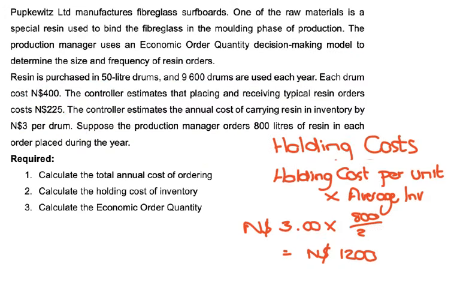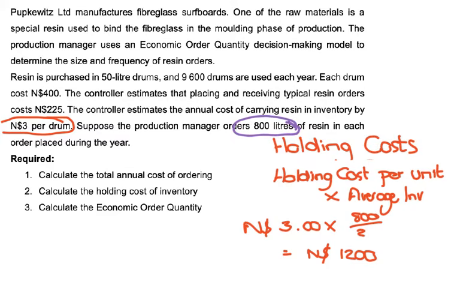Then I go to my second requirement, and now they ask us to calculate the holding cost of inventory. Now, we have a holding cost. They gave us a holding cost of $3 per drum. But now, what is my average inventory, and how do I calculate that? My average inventory is what I will normally order, and that was 800 liters, and then you divide that by 2.